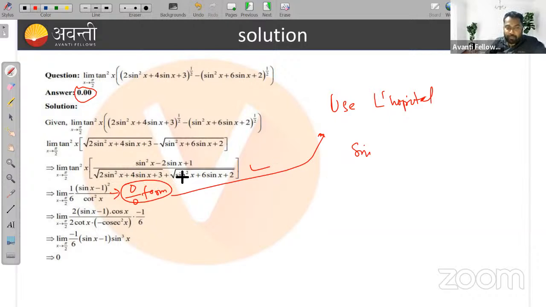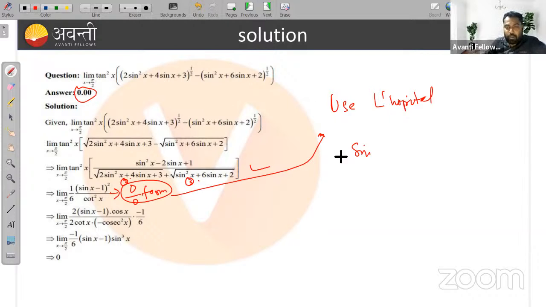The root of 9 gives you 3, and this also, root of 9 gives you 3. So 3 plus 3 is 6. I took 1/6 outside, and tan square x I have written as 1/cot square x.